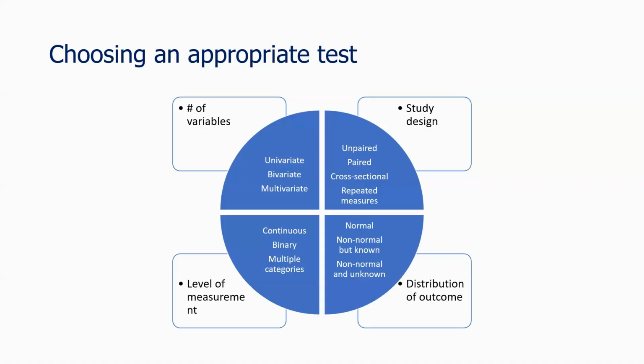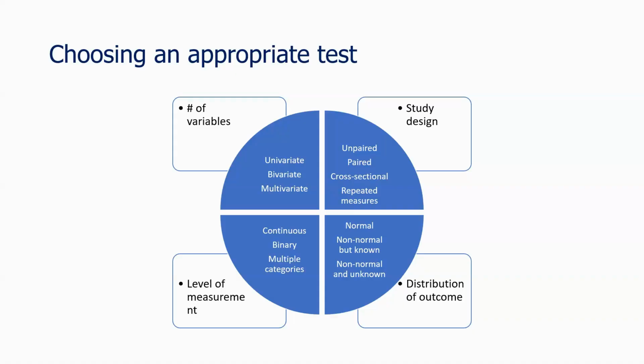How is your outcome variable distributed? Is it symmetric? Is it asymmetric? In which direction does the asymmetry go? Do we know about the shape of the distribution, or do we not know about the shape of the distribution?